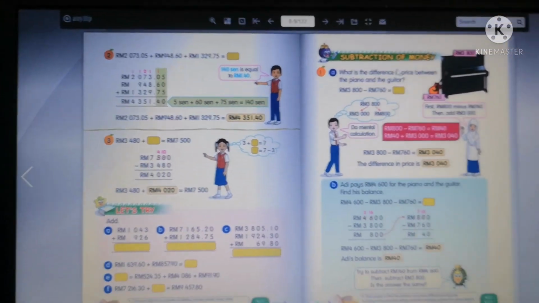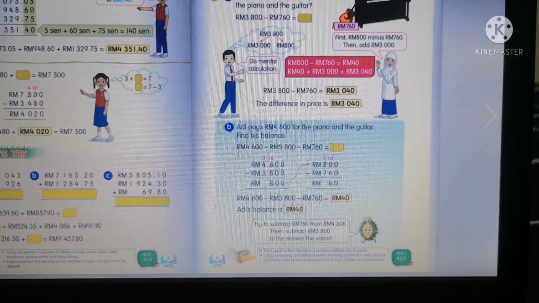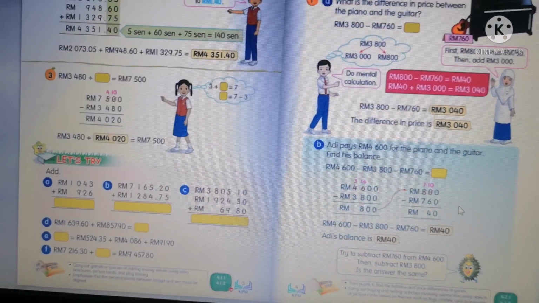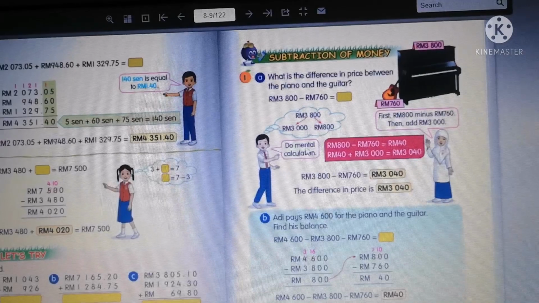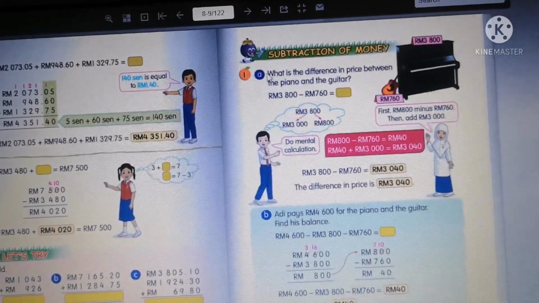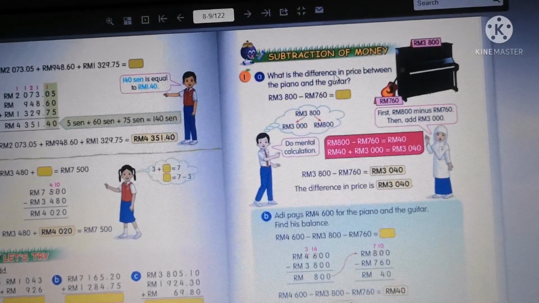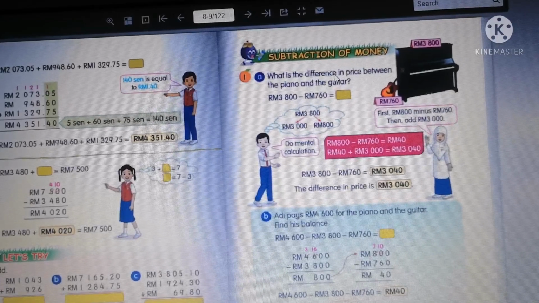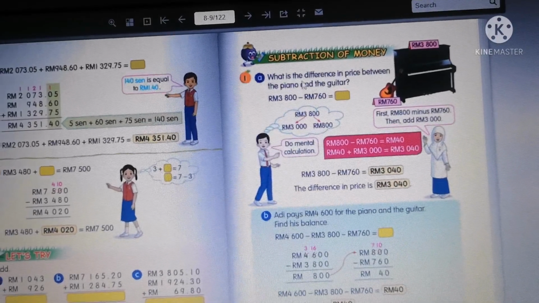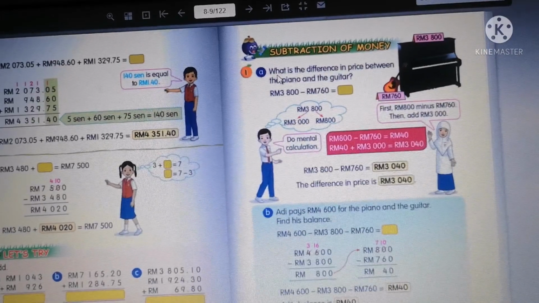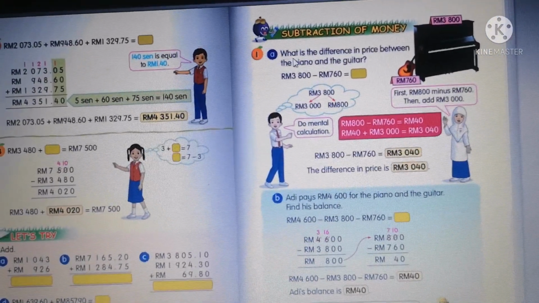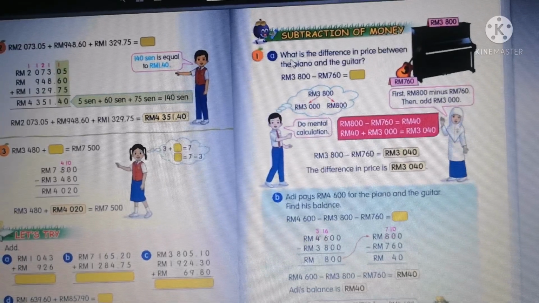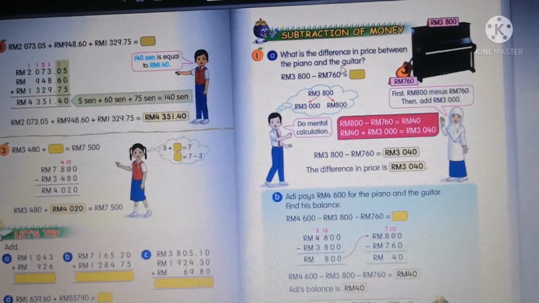Okay, jangan lupa RM. RM is the most important thing in this topic. Faham? Okay, so now we move on to the next page, which is page 4. Subtraction of money. Subtraction maksudnya tolak. We have to concentrate more on the words, because they would like to play with the words. So 1A, what is the difference in price between the piano and the guitar?